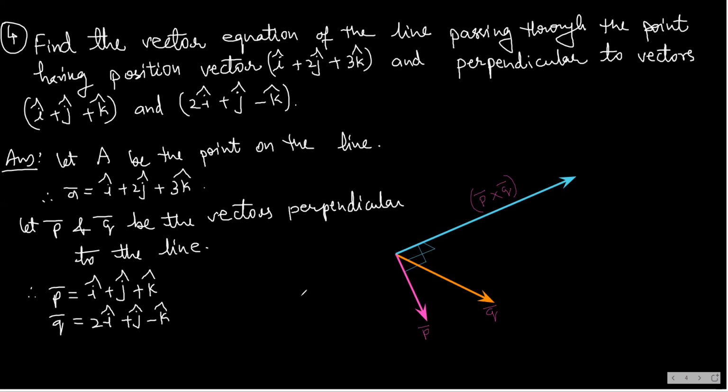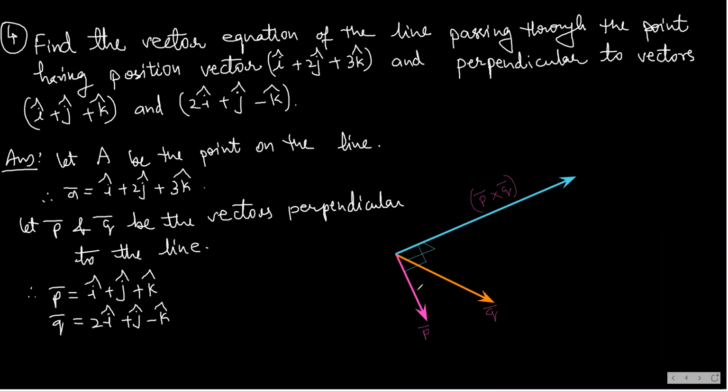Okay. The required line is perpendicular to these two vectors. It means the required line is in the direction of P bar cross Q bar. This is basic: if you have to find a vector perpendicular to two given vectors, what do you do? You find out the cross product.